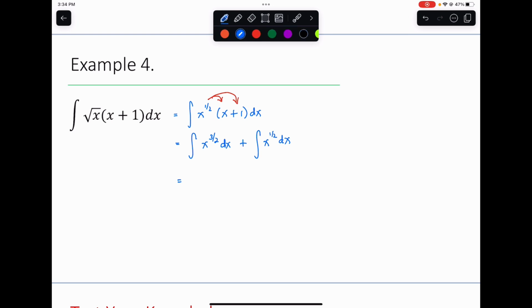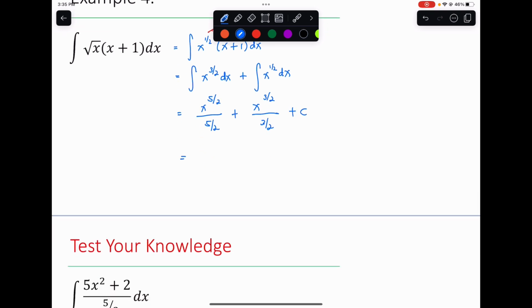So 3 plus 2 is 5, and copy the denominator 2, that would be 5 over 2. And plus x, 1 plus 2 is 3 over 2, all over 3 over 2, plus c.